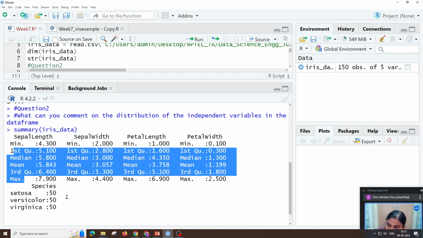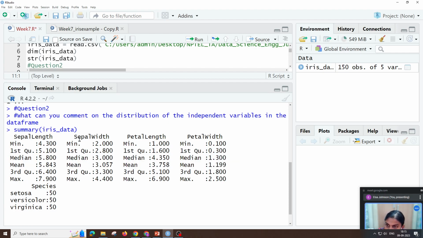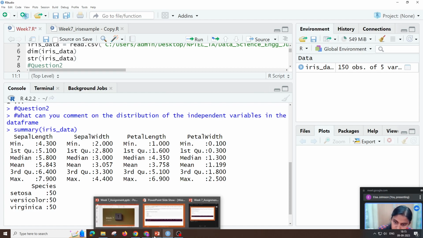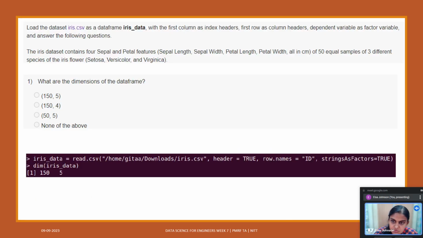Okay. So one way to see the distribution is to see how the median and mean are distributed. Okay, how is the mean and median? Okay, so what I'll do is, I'll just come back to the thing.